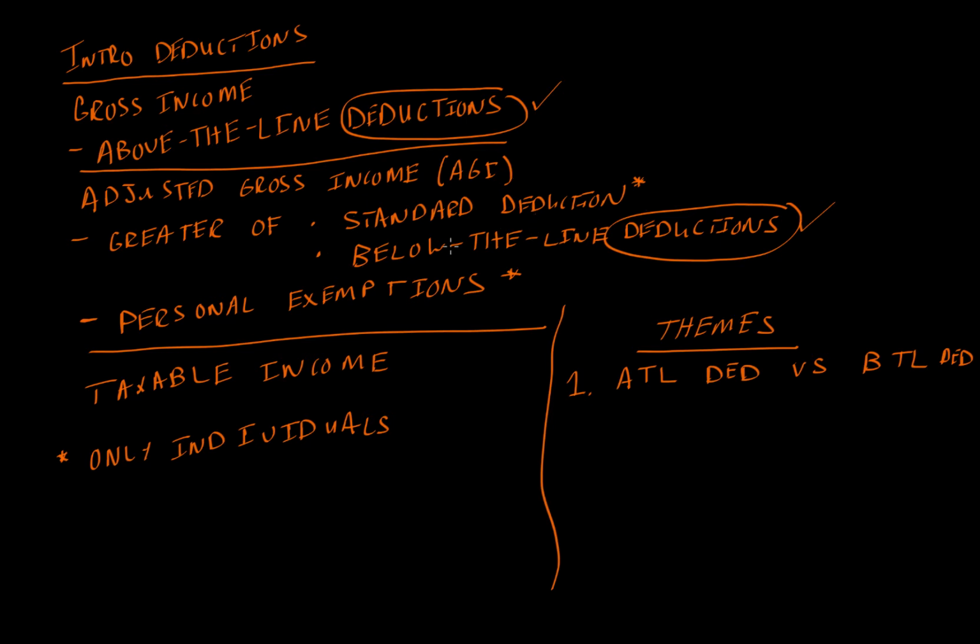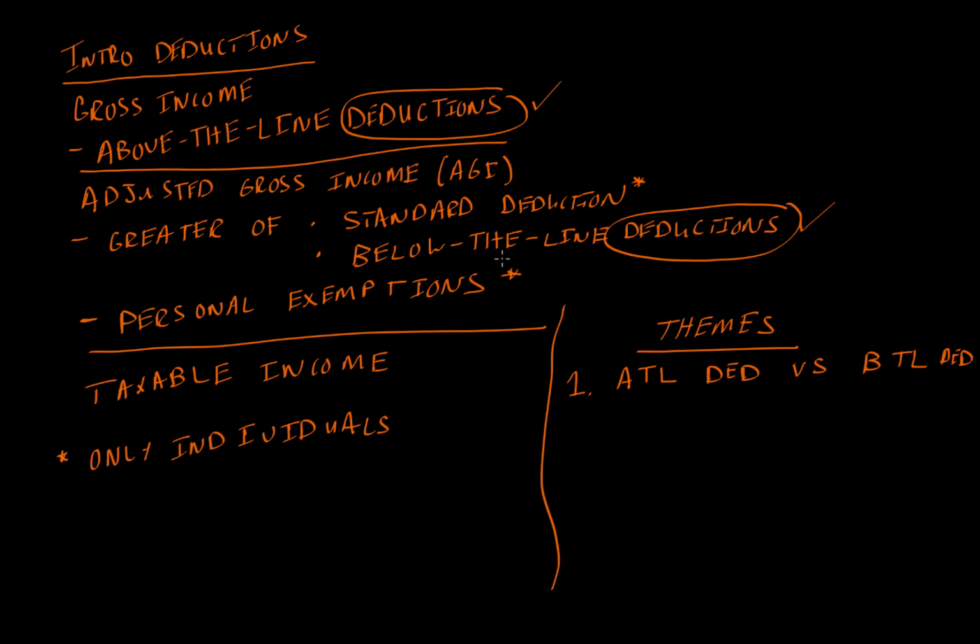So you might only have $1,000 of itemized deductions, but your standard deduction might be $6,000, $7,000 depending on the year. Again, it's inflation adjusted, and you don't get to actually utilize that $1,000 because you picked the greater of those two numbers, the standard or below the line.